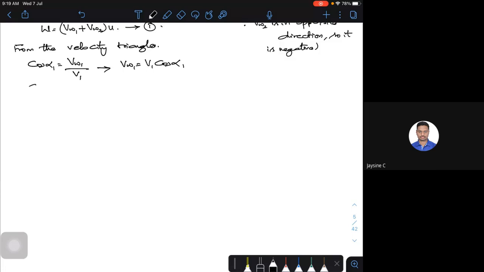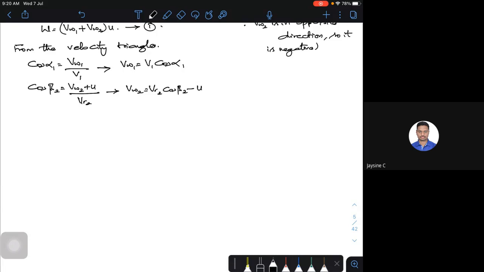Similarly, cos beta 2 is equal to VW2 plus U divided by VR2, or I can write VW2 is equal to VR2 cos beta 2 minus U, since if I take it to the other side, this will become minus. I got the equations for VW1 and VW2.